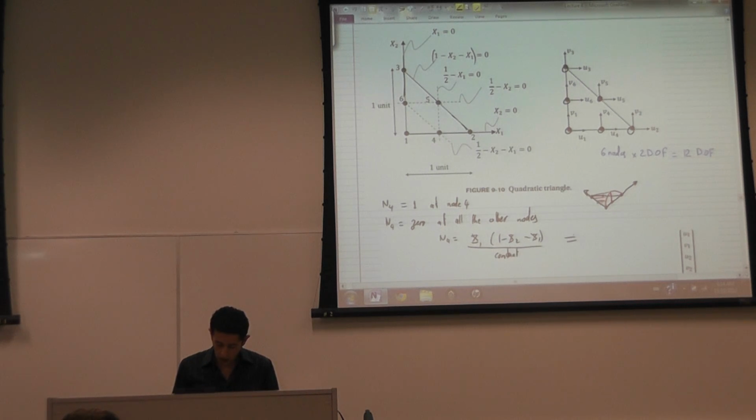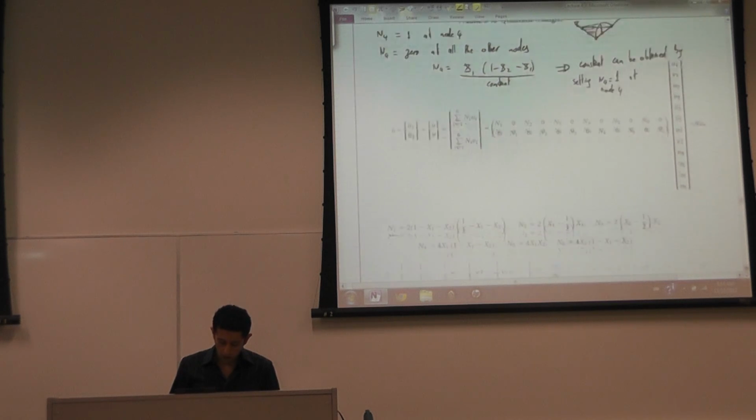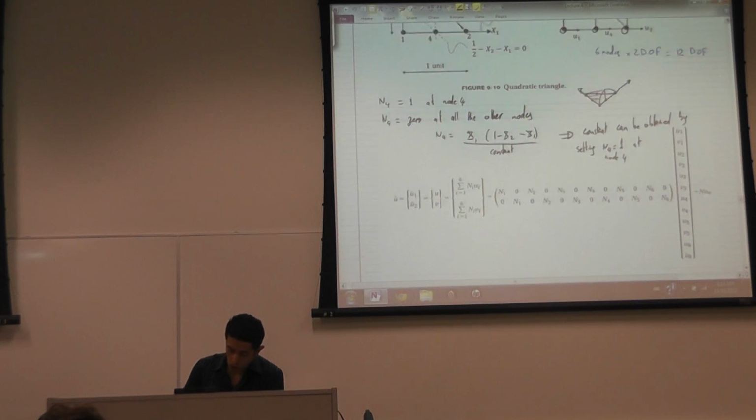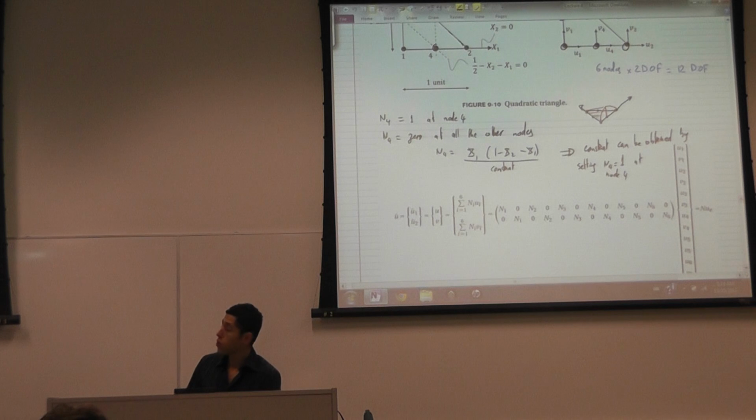This constant can be obtained by setting n4 equal to 1 at node 4. So n4 is equal to 4 x1 (1 minus x1 minus x2). And this constant ensures that when you put x1 and x2 equal to the coordinates of this point, n4 will be equal to 1.